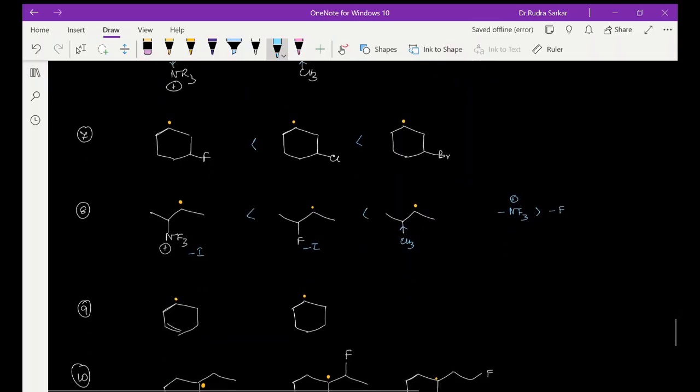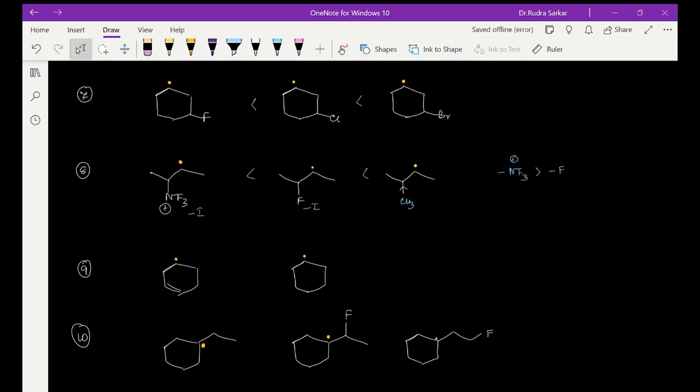Out here, this carbon is sp3 and that one is also sp3. This one is sp2 and this is sp3. So in that sense we can say the one that is sp2 is more electron withdrawing than the one that is sp3.